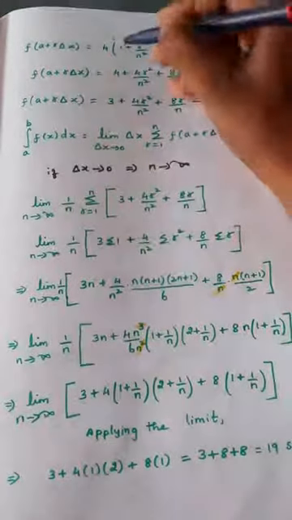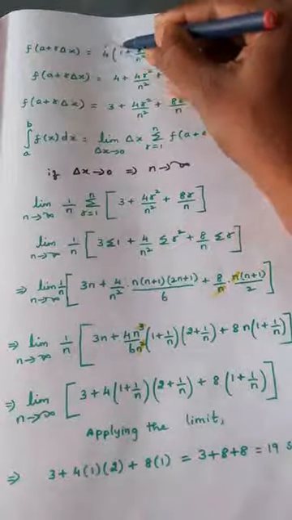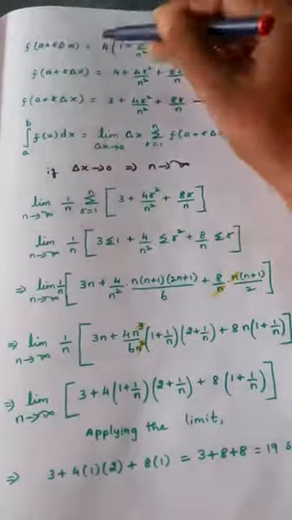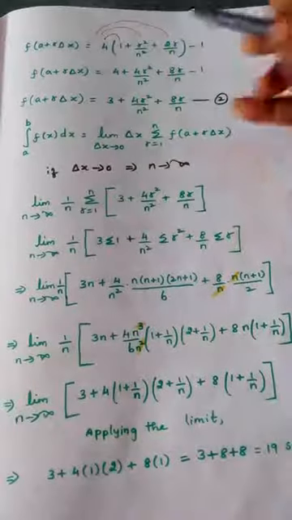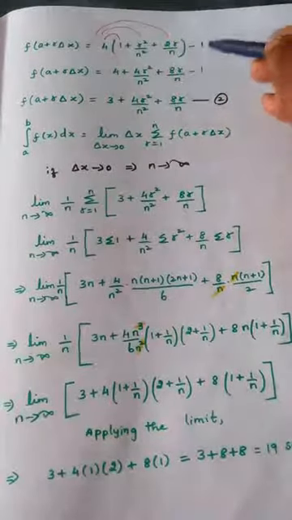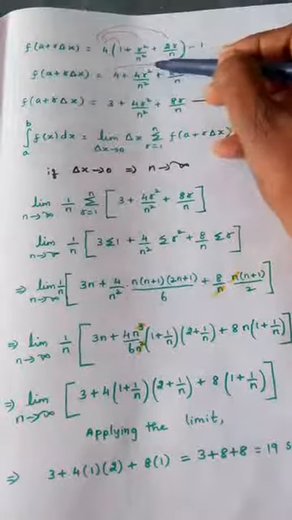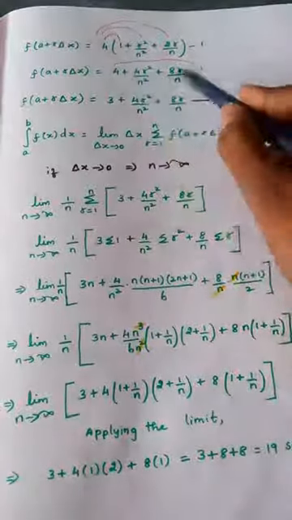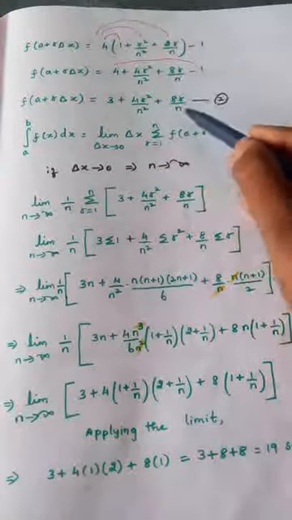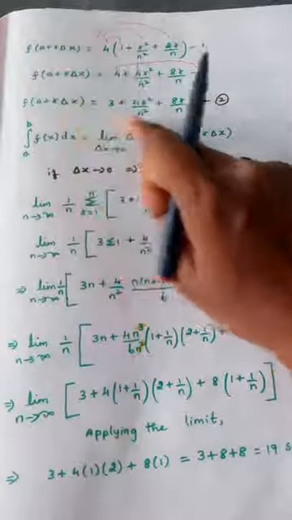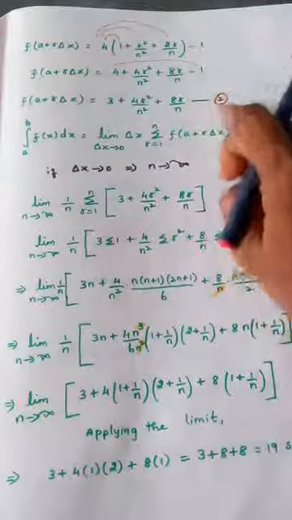Simplifying, if I bring this 4 inside: 4 into 1, 4; 4 into r square by n square; 4 into 2r, 8r by n; minus 1. Now combine the numbers. 4 has to be combined with minus 1. 4 minus 1, 3, and these two are written here. So this is the value of f of a plus r delta x. That is taken as the second equation.